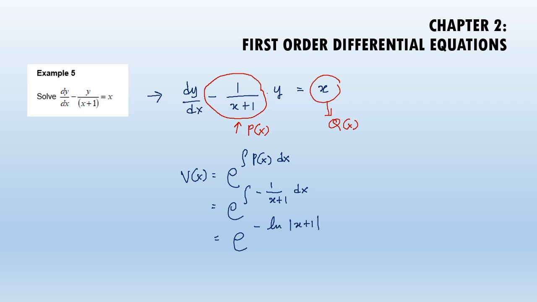So in this case we just ignore the c, and as we simplify as e power of ln x plus 1 power of negative 1 by using the properties of ln, so we can simplify the e power of ln x plus 1 as 1 over x plus 1. So this is an integrating factor for our differential equation.